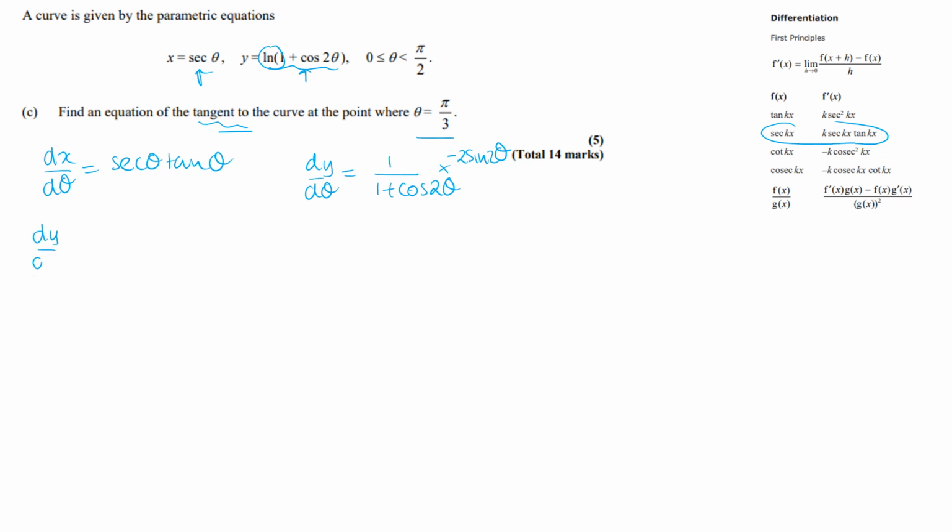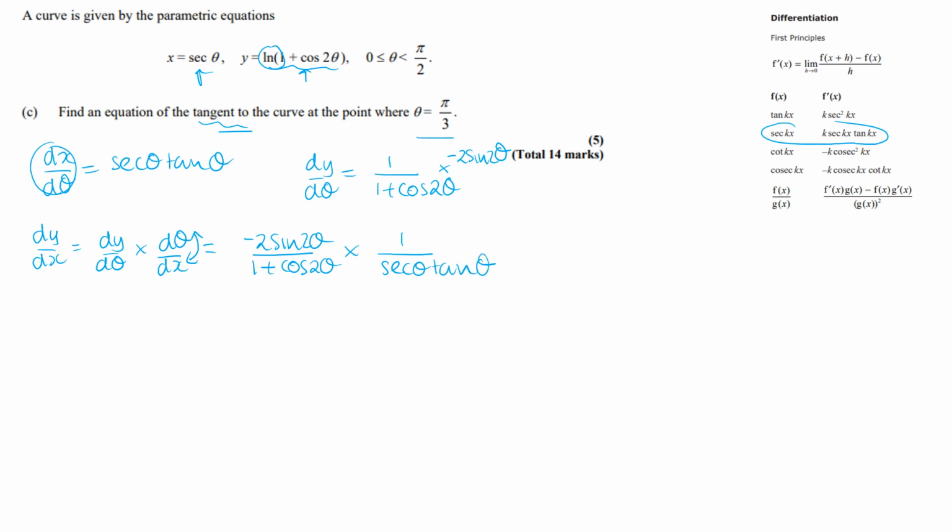We want dy by dx, which is going to be dy by d theta times d theta by dx, because informally those d thetas will cancel and just leave us with what we want. So dy by d theta is minus 2 sine 2 theta over 1 plus cos 2 theta times, now d theta by dx is upside down of what we've got, so we need to do 1 over sec theta tan theta.